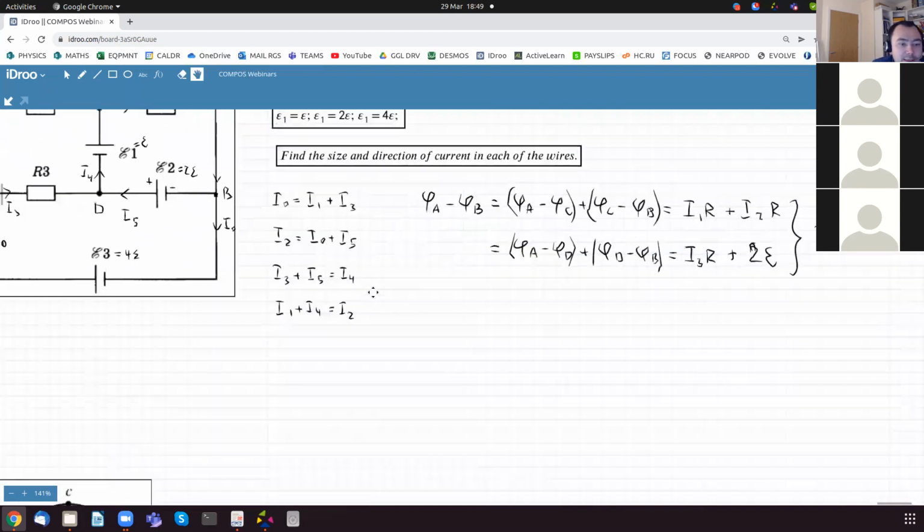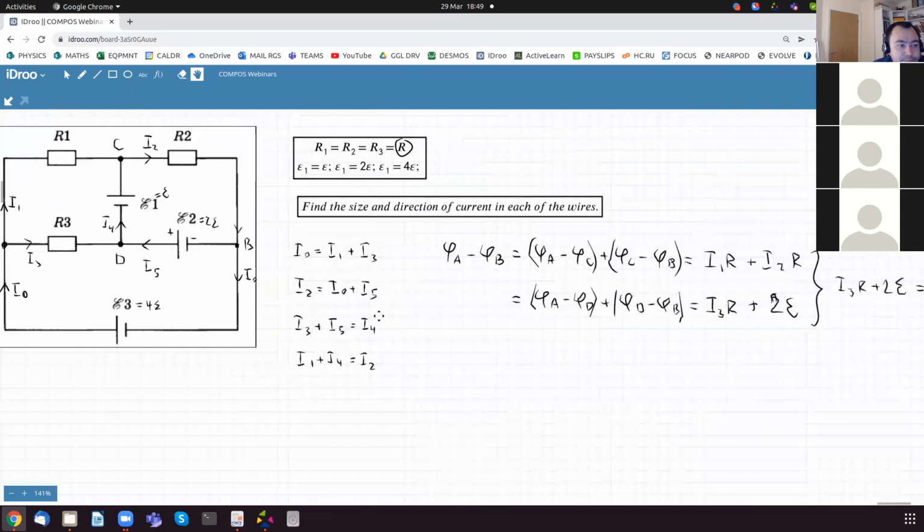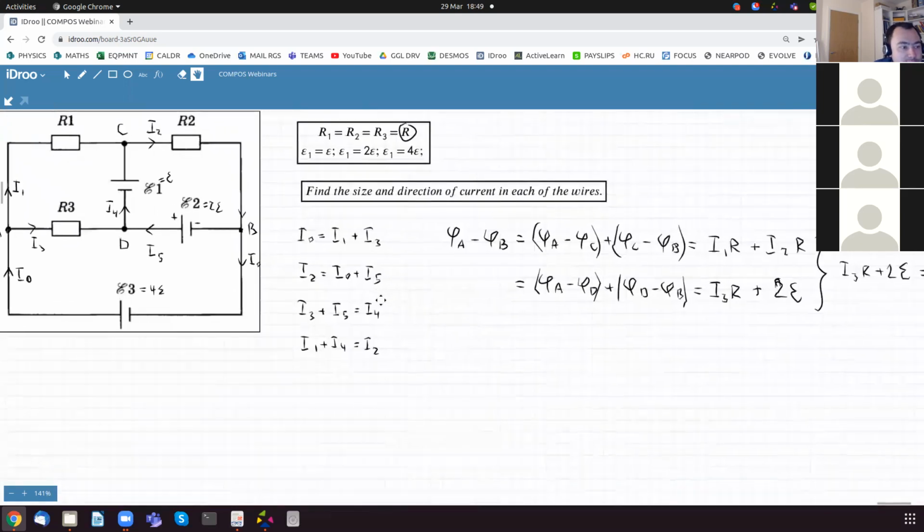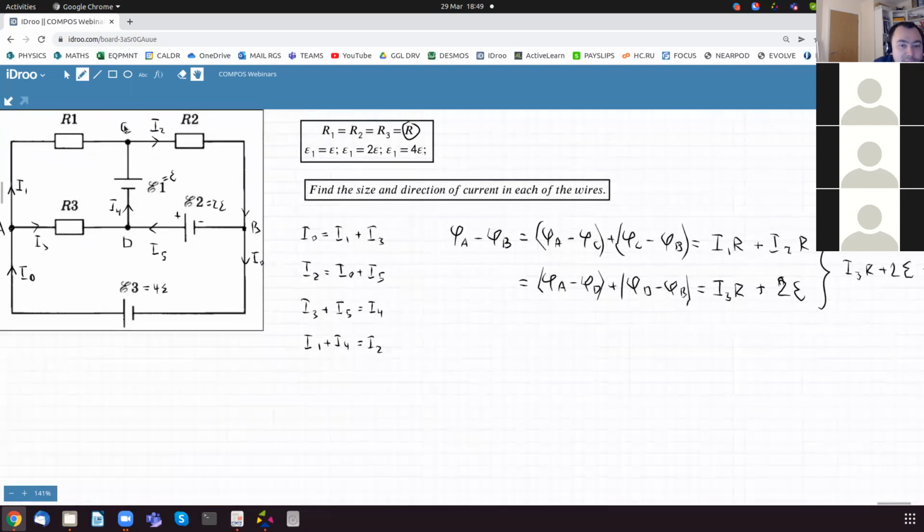Okay, what else can I do? I can also say phi A minus phi B is EMF3, which is 4 EMFs. If I go from A to B, it's 4 EMF.